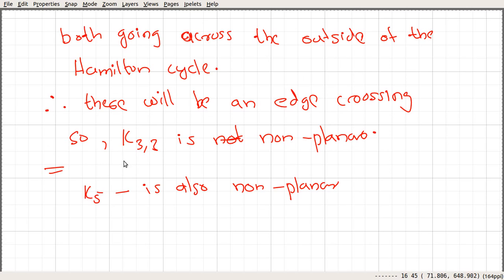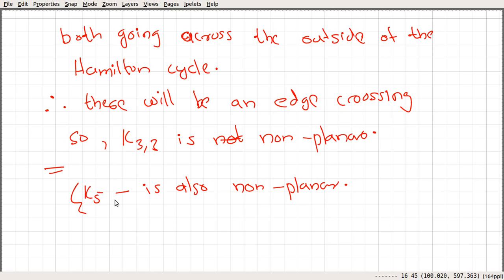These kinds of graphs are very important with respect to planar graphs, as we'll see when we discuss an important theorem that characterizes planar graphs, called Kuratowski's theorem. In a later video we will prove K33 is non-planar and K5 is also non-planar.